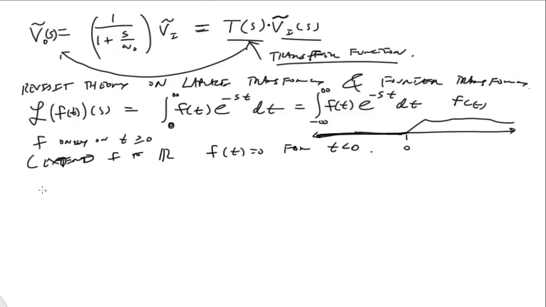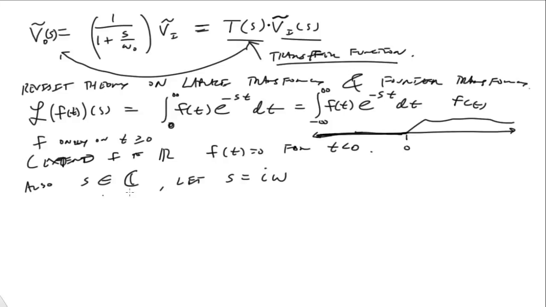Then what we're going to do is say that s can now be a complex number. Before, we've always thought of s as being a real number, but if we let s be a complex number, in particular let s be i times omega, where omega is another real value, we've taken s to be a purely imaginary number.